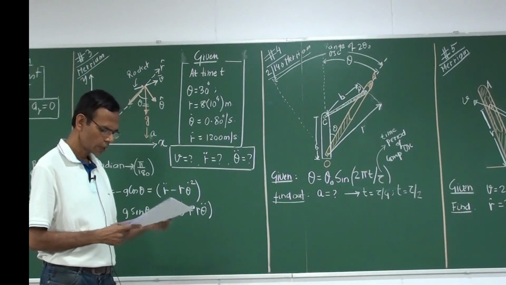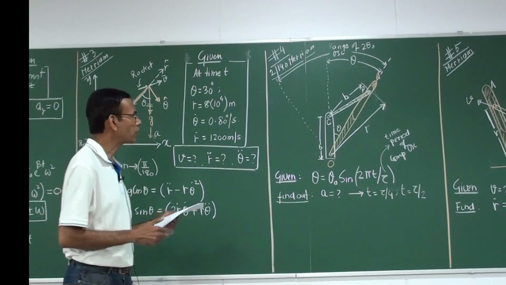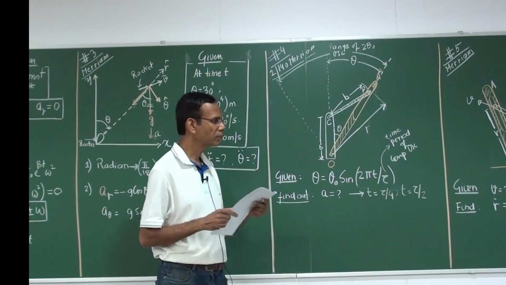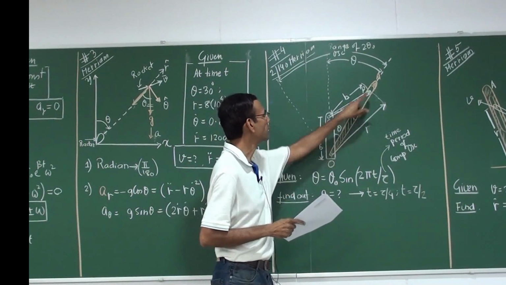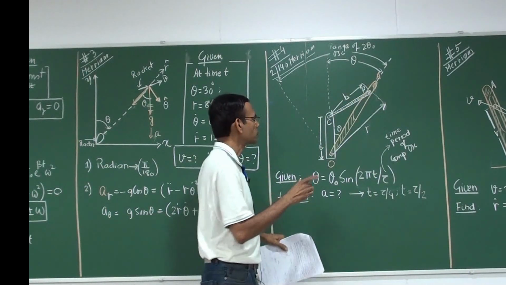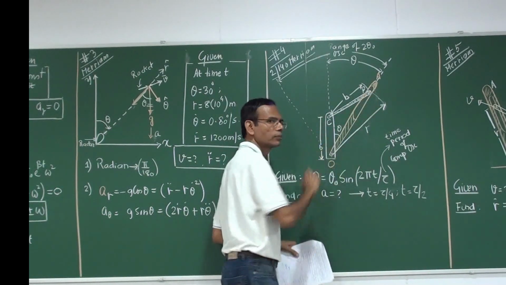Let me read the problem. The problem says the slotted arm OA. So there are two arms. One is a longer arm and one is a shorter arm.